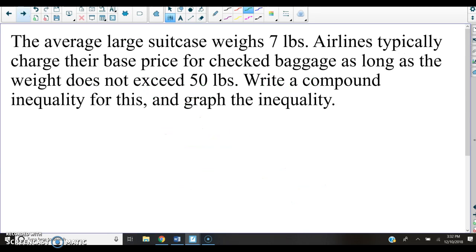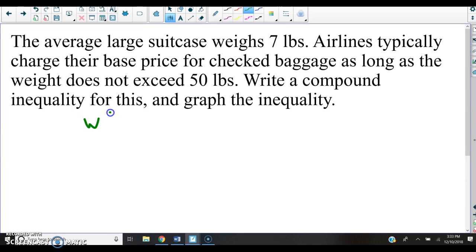The average large suitcase weighs 7 pounds. Airlines typically charge their base price for checked baggage as long as the weight does not exceed 50 pounds. So when you write a compound inequality for this, what is the weight that we're talking about?